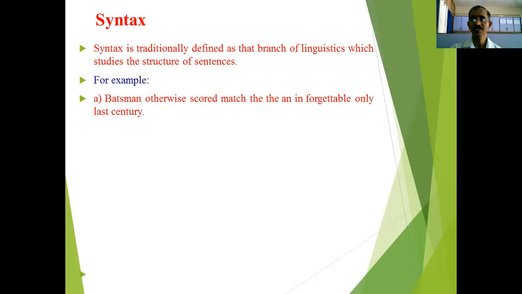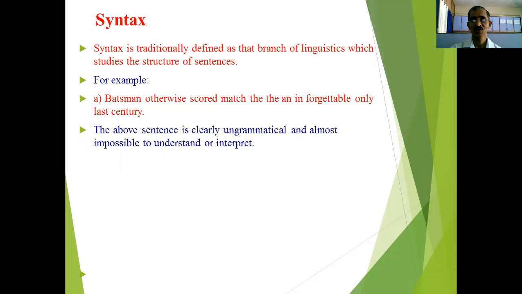Did you get the meaning? What do you think about this sentence? Can you call it a sentence? See, the sentence is clearly ungrammatical. It is almost impossible to interpret, because it is ungrammatical.